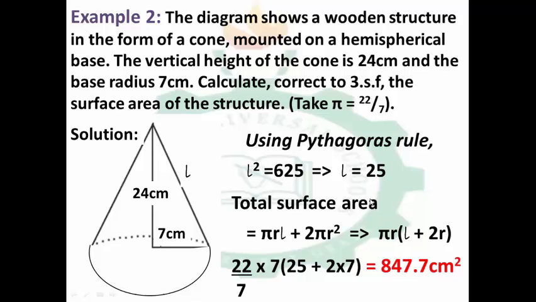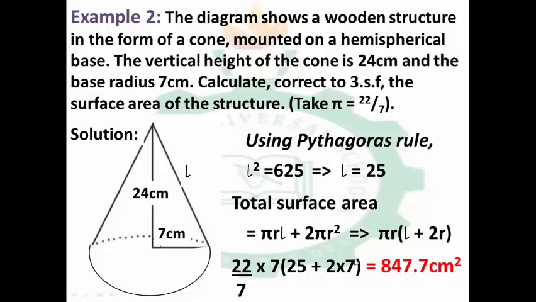It's going to be the curved surface area of the cone, then we also have the hemisphere, and that is going to be 2 pi r square. Adding these together, we have pi r open bracket L plus 2r.